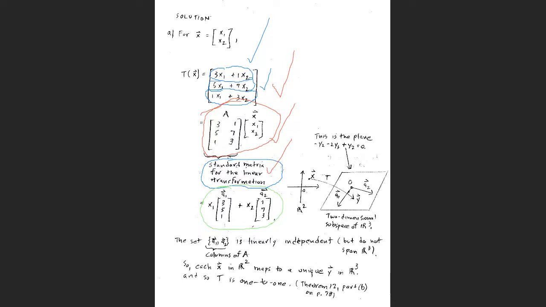A matrix times a vector is a linear combination of the column vectors of the matrix A, the column vectors A1 and A2.